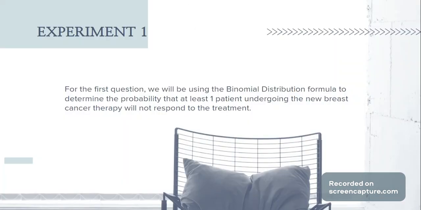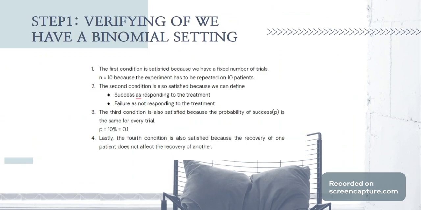The first one will be determining the probability that at least one patient undergoing the new breast cancer therapy will not respond to the treatment. Our first step is to verify if we have a binomial setting, and our experiment satisfies this condition because it has a fixed number of trials, which implies that our n is equal to 10 because this experiment has to be repeated on 10 patients.